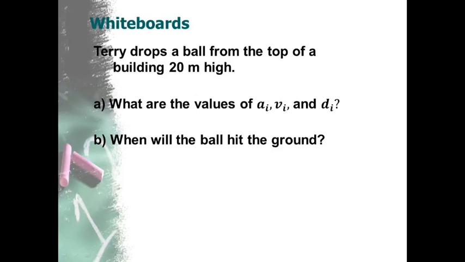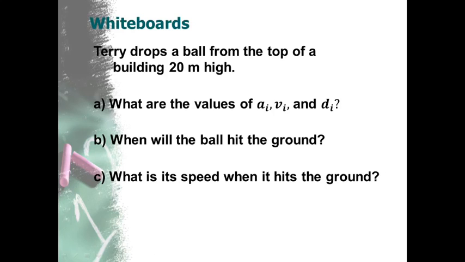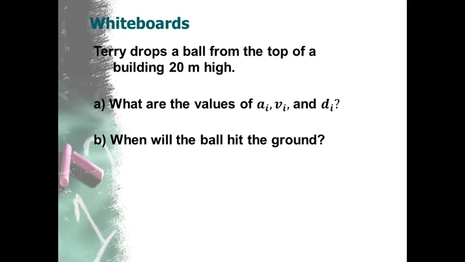And then I'm going to have you calculate when the ball will hit the ground. And I'm going to ask you what the speed is when it hits the ground, but I need to give you some more information first. So go ahead and figure out just A and B here. And when we come back together, I'll give you the answers I came up with, and we'll see if we agree.